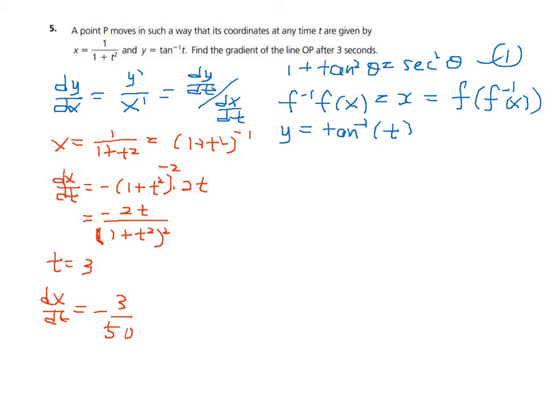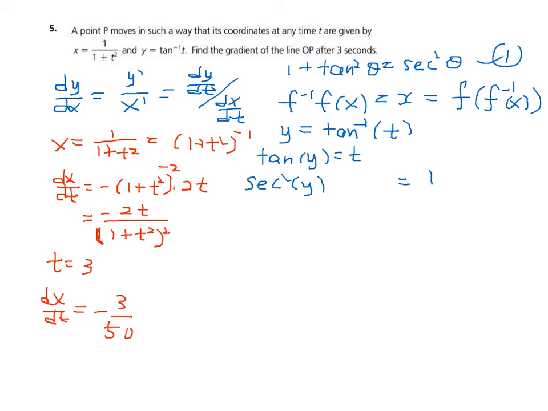Okay, so I try to be as clear as possible. Here y is defined as the arctangent of t, or the inverse of tangent operating on t. So what we can do is write tangent y equals t. Now if we derive the whole thing with respect to t, you end up getting secant squared y, and the right side is equivalent to 1.